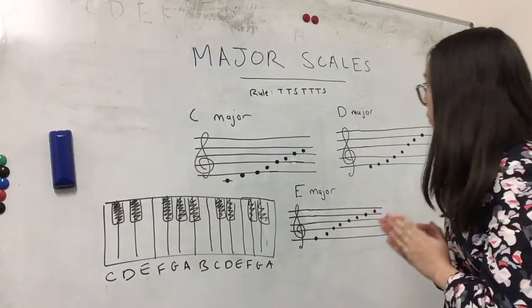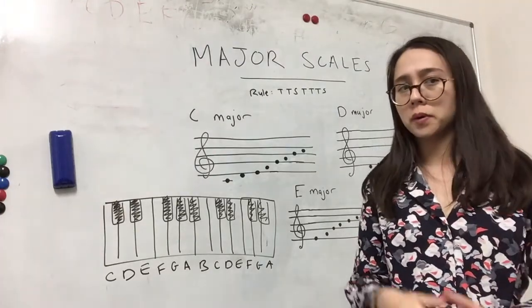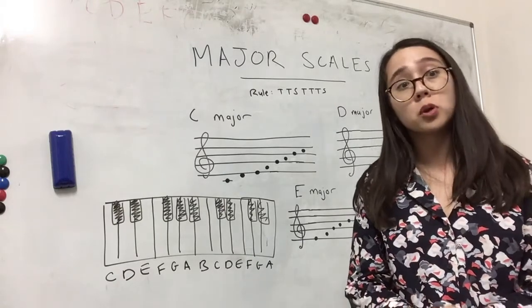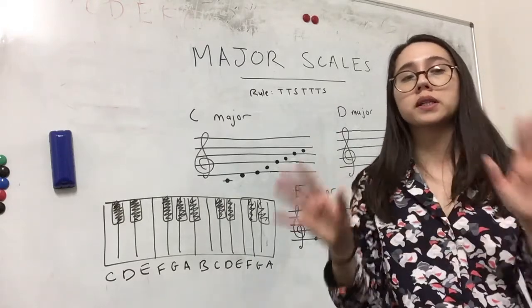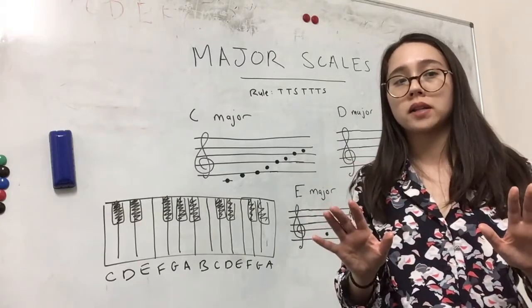All right, so how can we figure out the number of sharps or flats a major scale has? Normally you come across various kinds of scales with various numbers of sharps and flats.